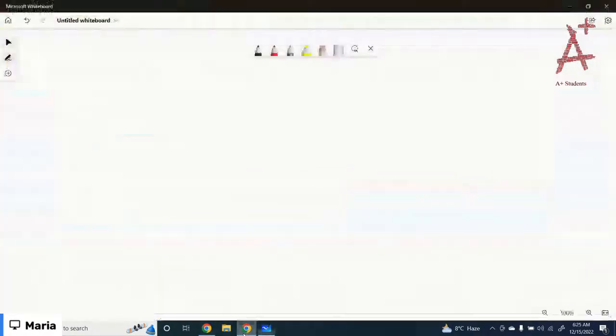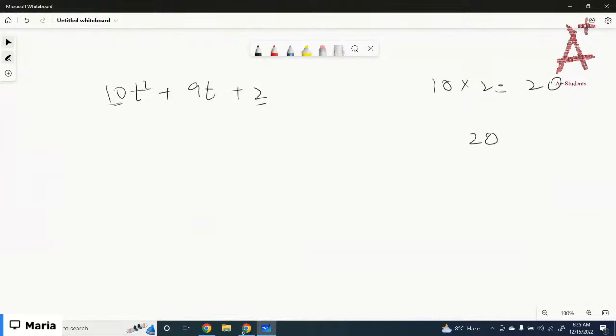Okay, multiply the coefficient of t square and this one. 10 times 2 makes 20. Got it? You have to look for two factors that when multiplied make 20 and when added make 9.